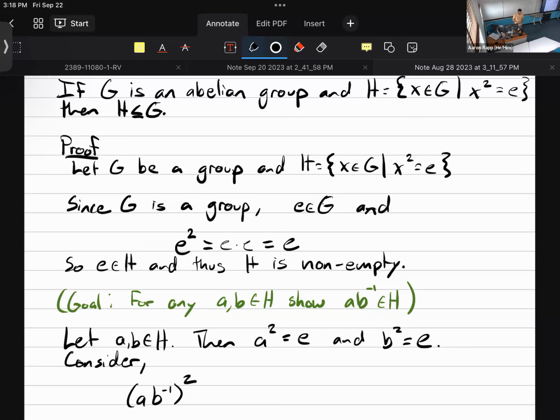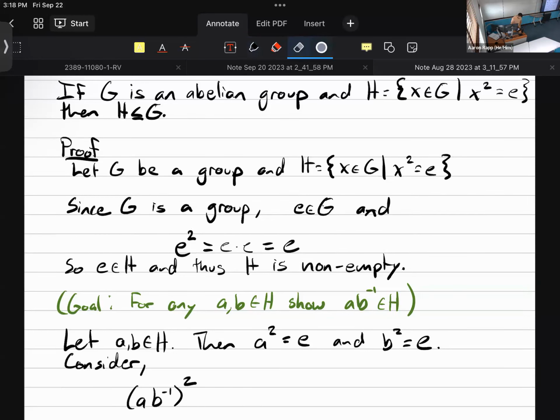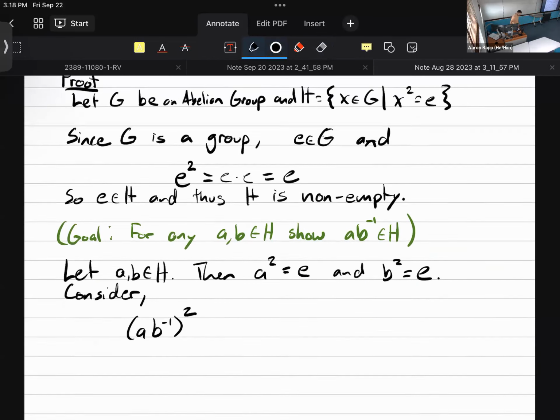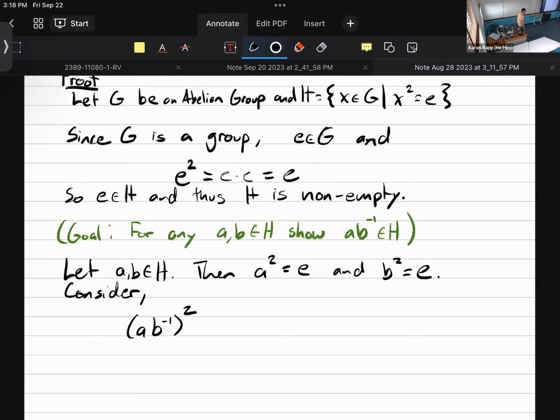I don't want to be restricting myself to just any group. I don't see why that's necessary here in a second.